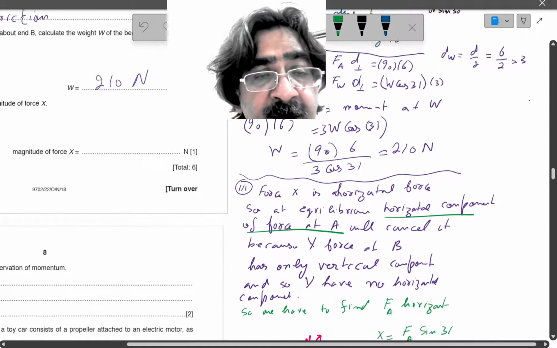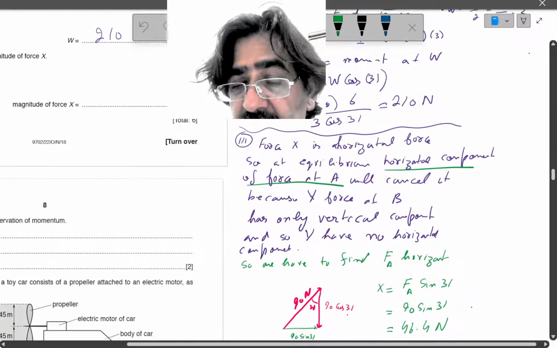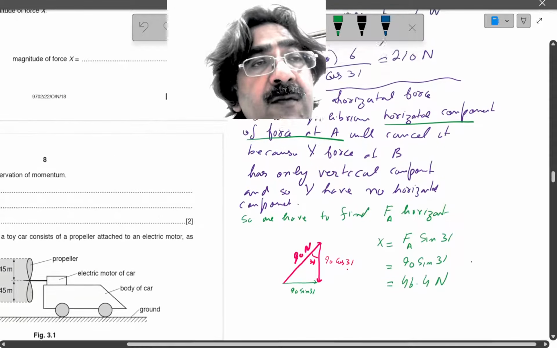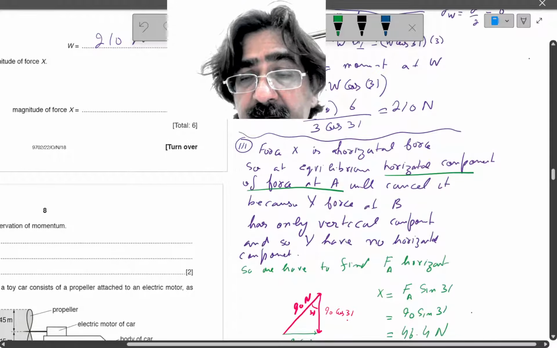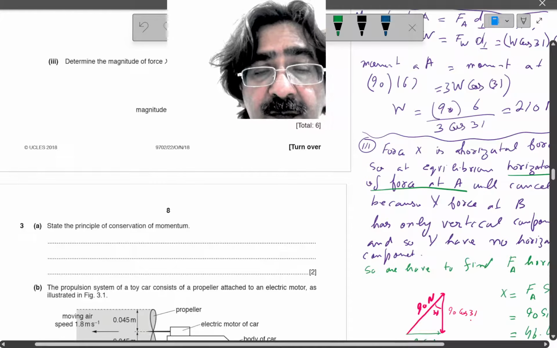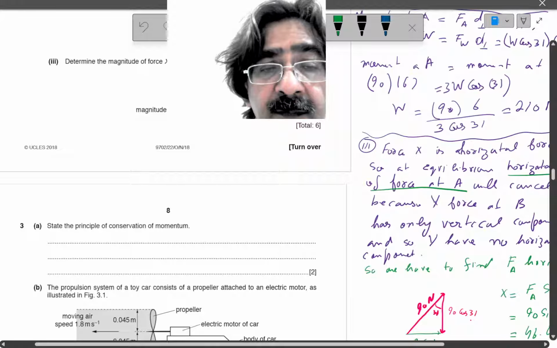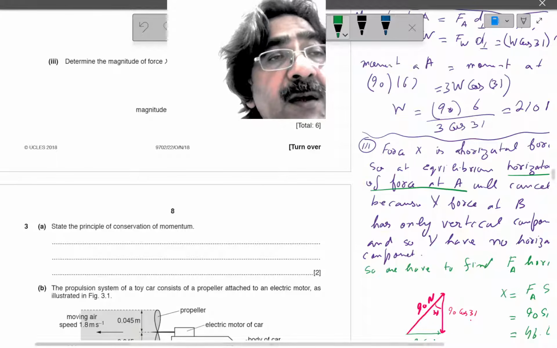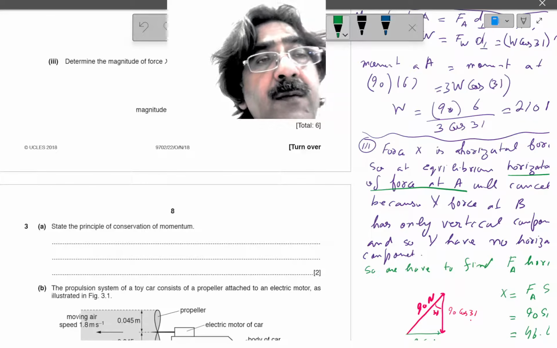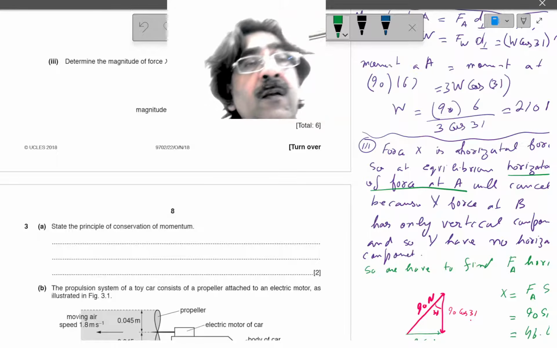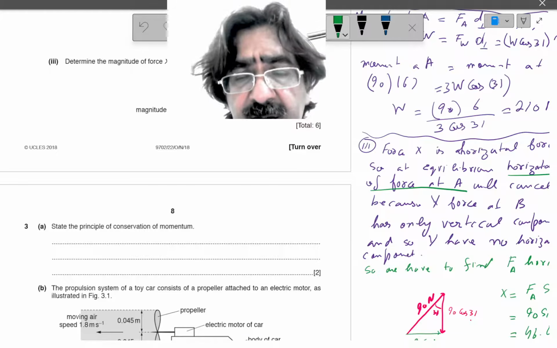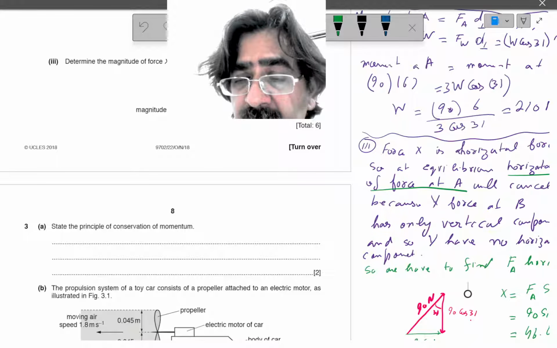The force is 46.4 Newton, because the unit of force is Newton.